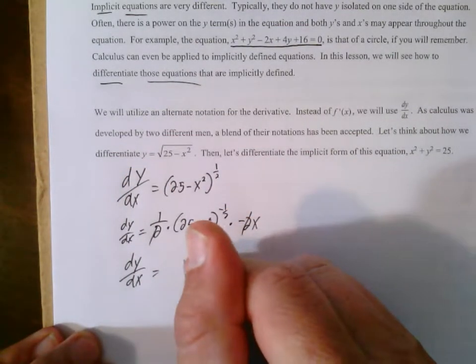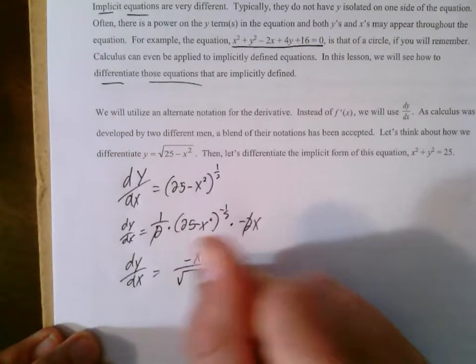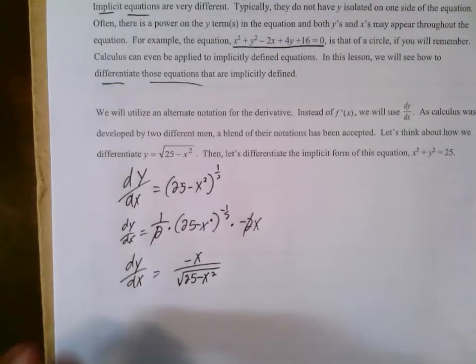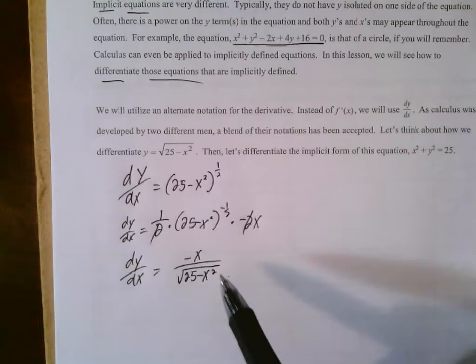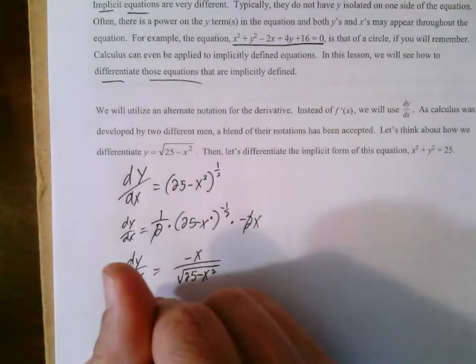And this equals negative x over the square root of 25 minus x squared, and what is this equal to right here? This just simply equals y, which we'll need in a minute.